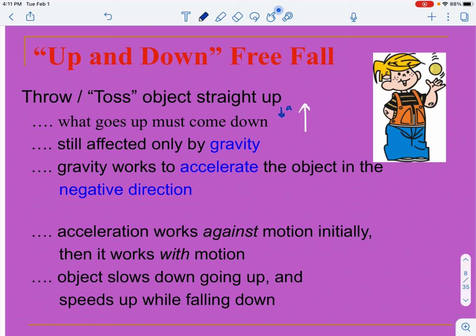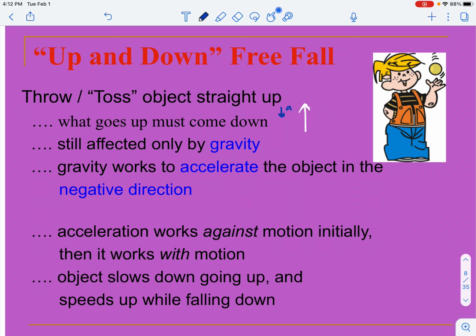And so if we just think back to our basic vector addition, these vectors are in opposite directions. And so mathematically, instead of combining for larger values, they're going to work against each other. And so it's going to take that velocity value and it's going to make it smaller as that object is trying to move up towards the sky.